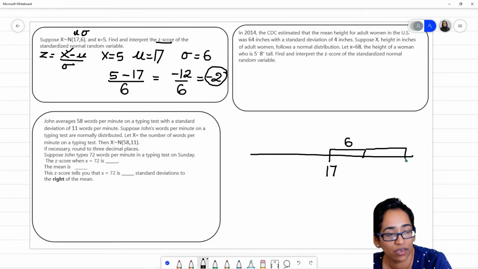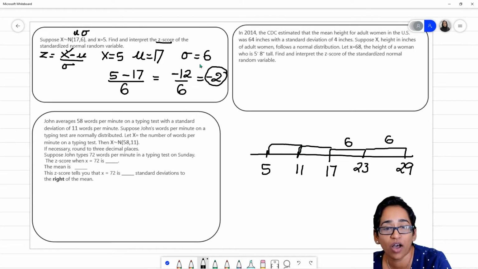If I move 2 standard deviations, I'm moving 12 units. 1 standard deviation from 17 is 17 plus 6, which is 23. 23 plus 6 is 29. Now, on the left-hand side, 17 minus 6 is 11, and 11 minus 6 is 5. So as you can see, the value 5 is 2 standard deviations below the mean. That's exactly what we got, negative 2. So this negative 2 is telling me that the value 5 is 2 standard deviations below.